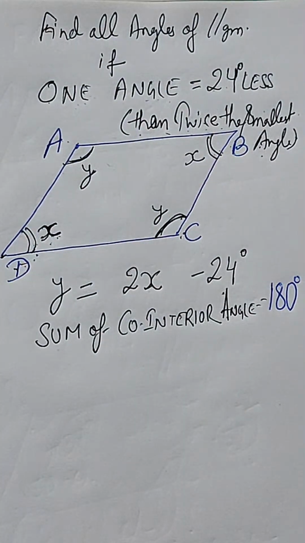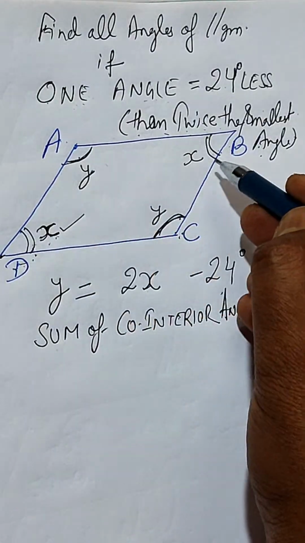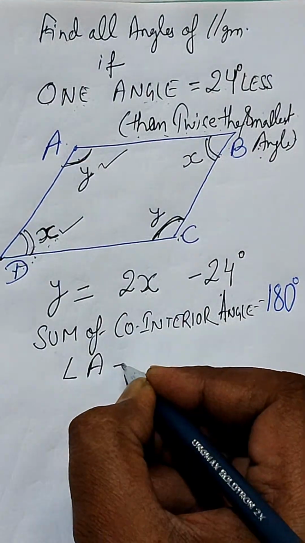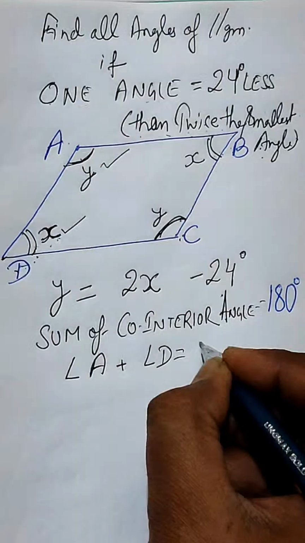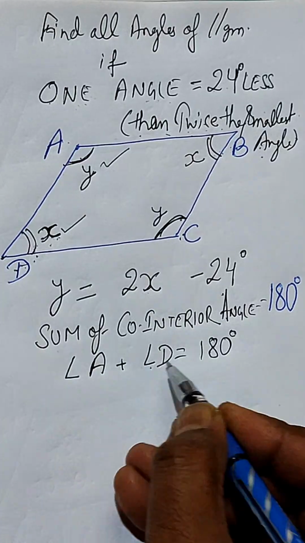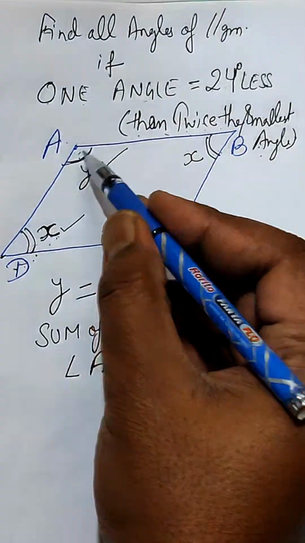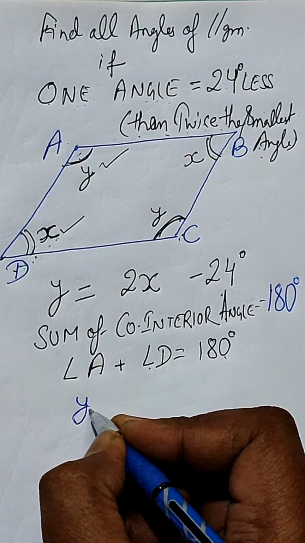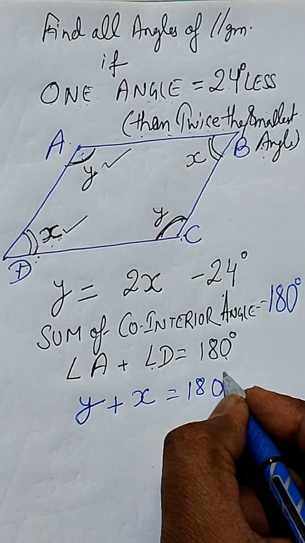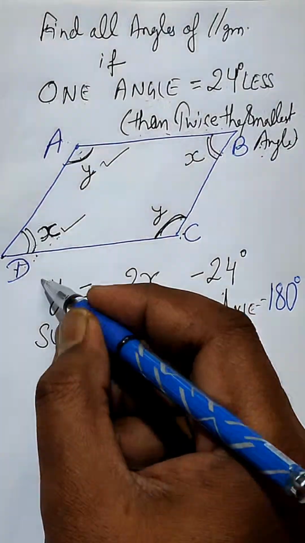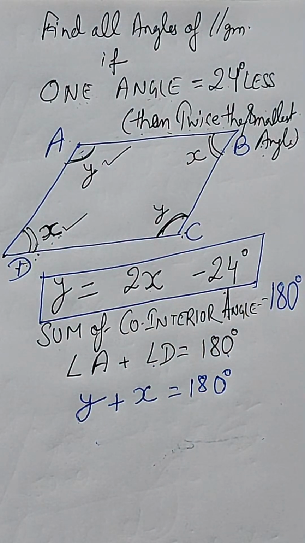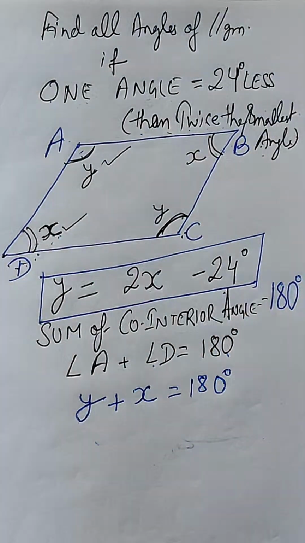Now if this angle is x and this angle is y, then angle A plus angle D is equal to 180 degrees, isn't it? If angle A and angle D equal 180 degrees, then we can say y plus x equals 180 degrees, right? And this is one of the relations which we have derived, that is y equals 2x minus 24, as given in the question. So just use the same over here.